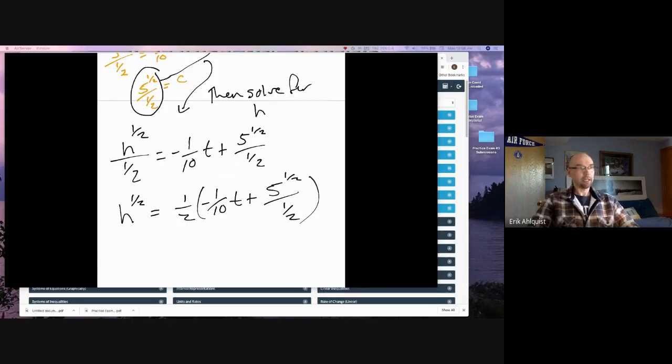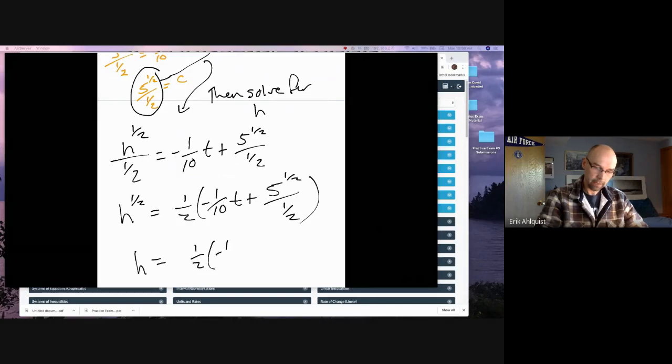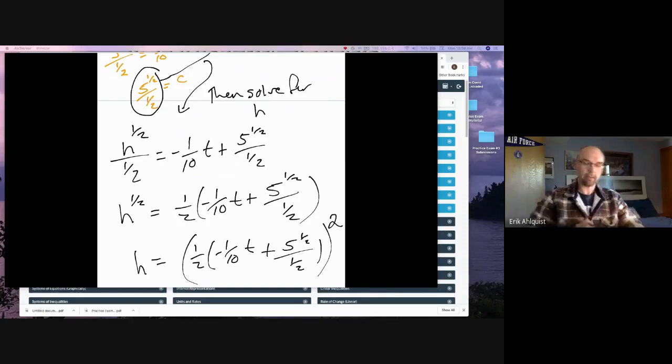And then finally, to get h all by itself, to get rid of that power of 1/2, I square both sides. That gives 1/2 times -1/10 t plus 5 to the 1/2 divided by 1/2, and then I square that. And that would be my solution. I don't have to simplify it.